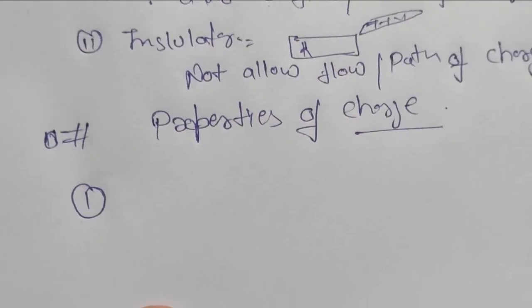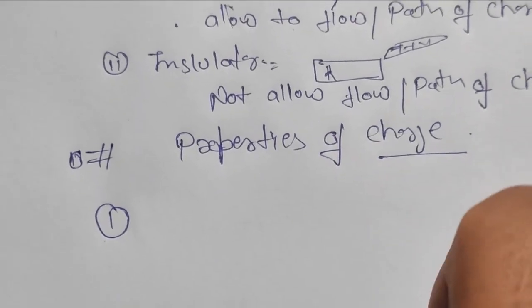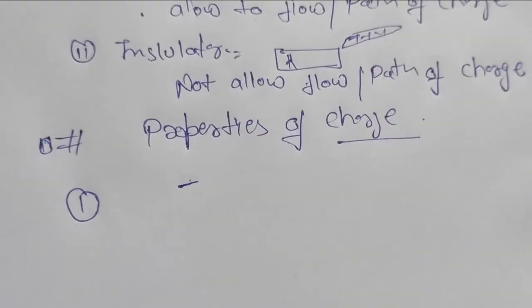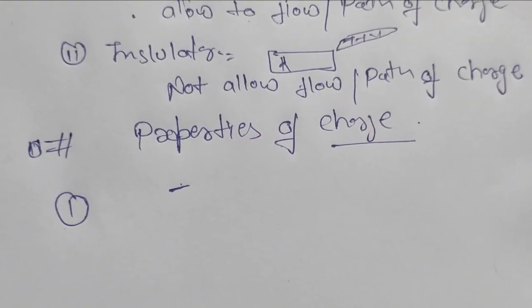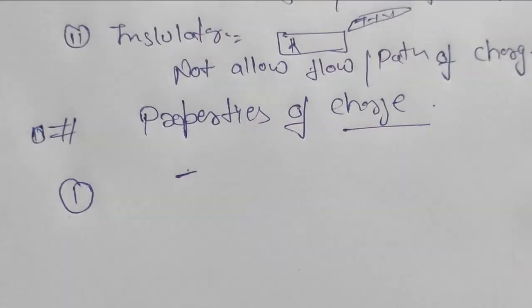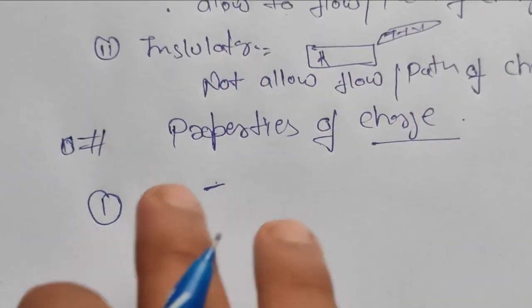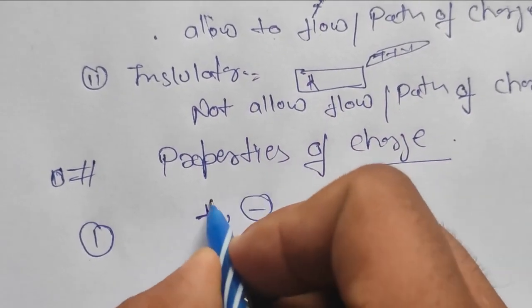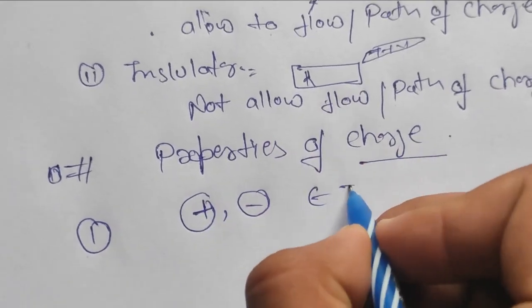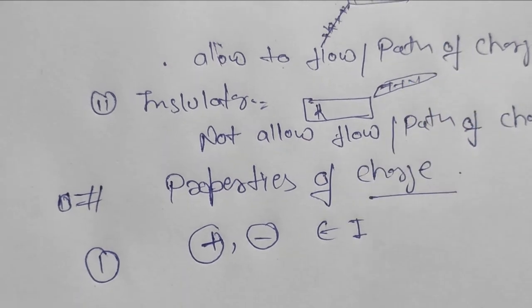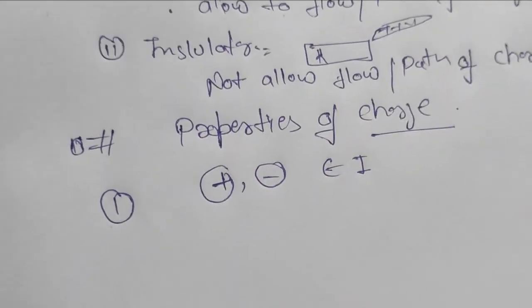We also talk about quarks, which carry small values of charge inside, but we deal with positive and negative charges. Charge is of two types, positive or negative, and both are integers. It is neither fractional nor anything else.